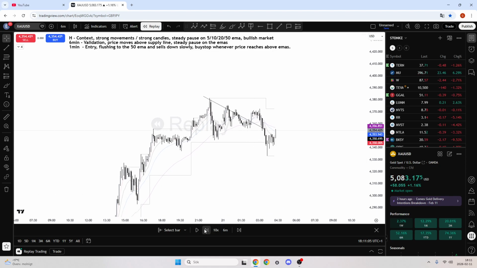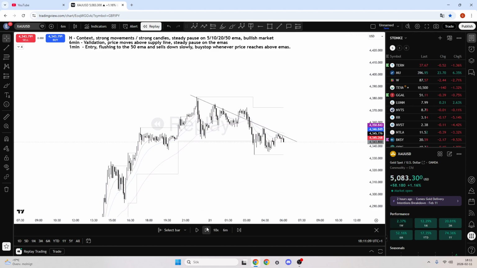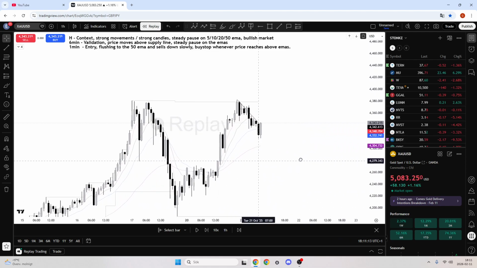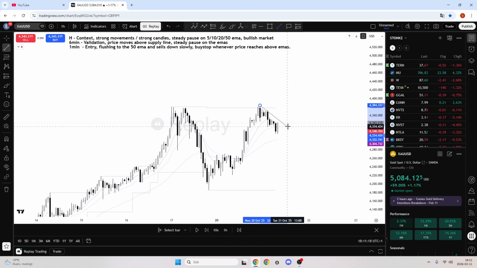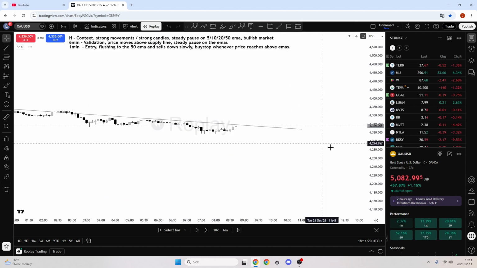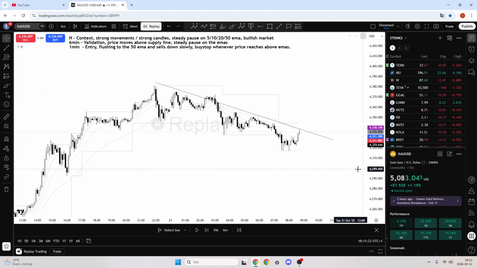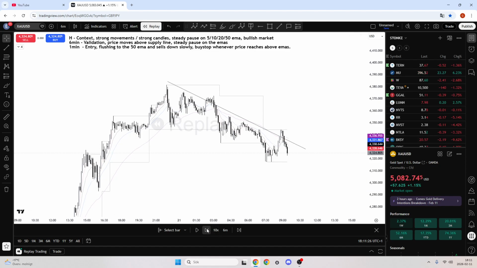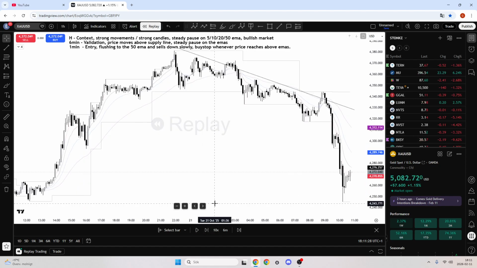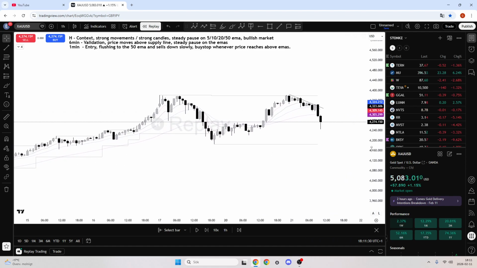Okay, so price flushes deeper here. We can check the hourly to see if it's still valid. Price is selling off quite slowly, so this is definitely valid. We have created kind of a channel here on the hourly, or a supply line. We're just selling off, so there's nothing for me to do here.